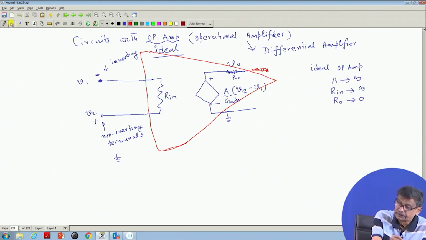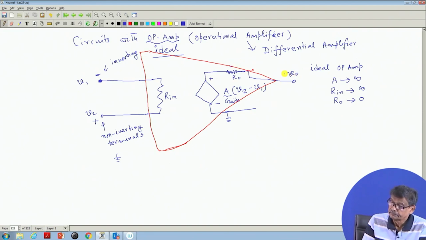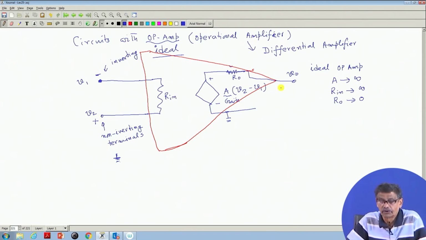If you want to show it like this, the output terminal is this one. And all voltages are measured with respect to the common ground. With respect to this, you apply a signal here, with respect to this, you apply a signal here, and so on.